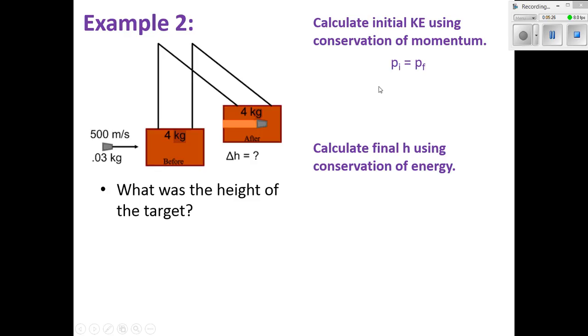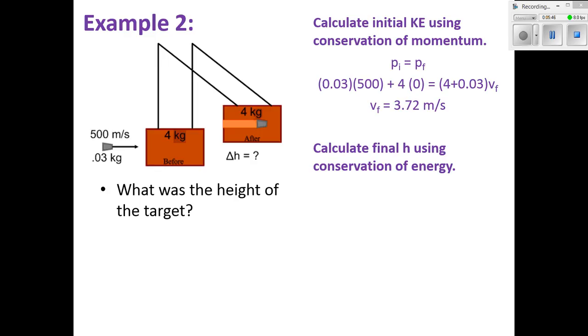So our initial momentum is equal to our final momentum here. We're going to solve for that velocity. This vf is the velocity of the bullet and block after the collision. And so that velocity is 3.72 meters per second.